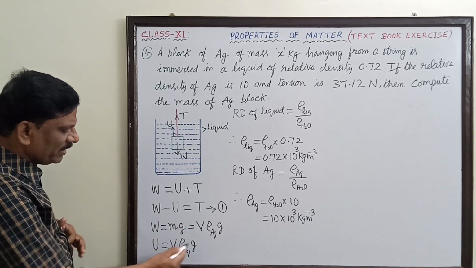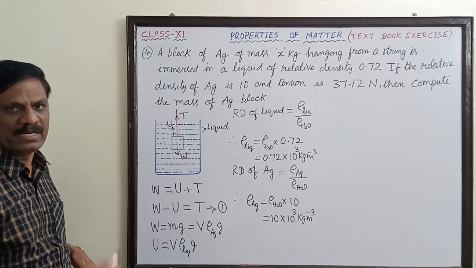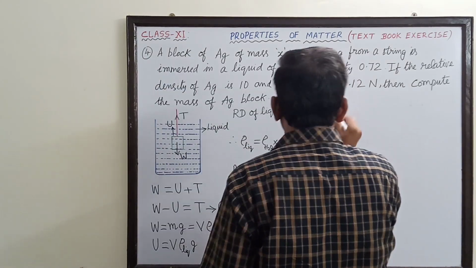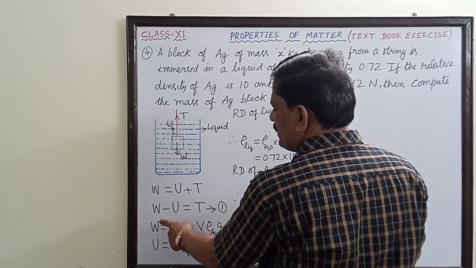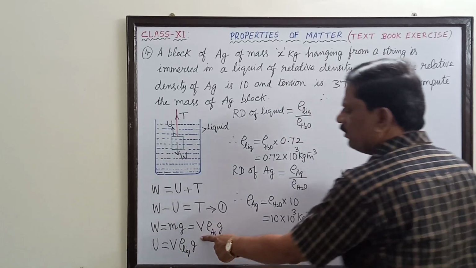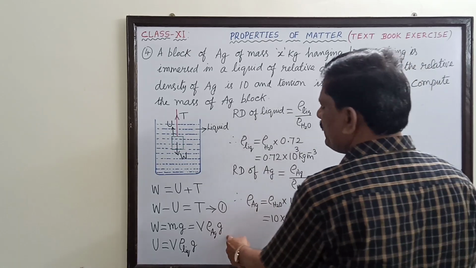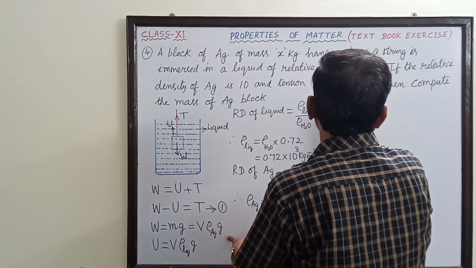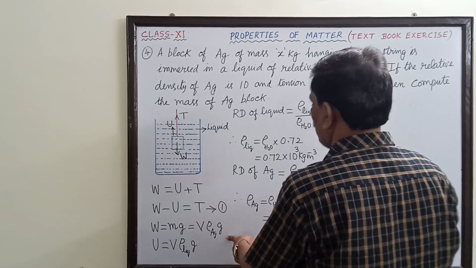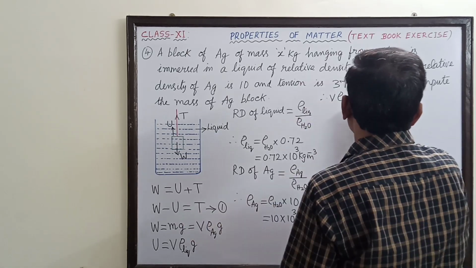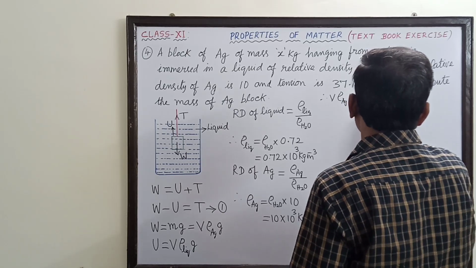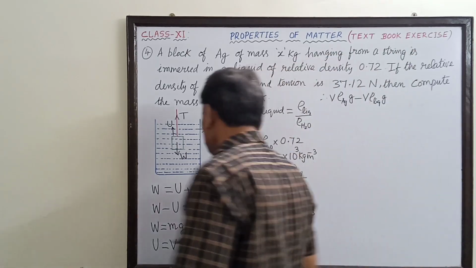So I am going to substitute these two in equation 1. So I am going to rewrite equation 1. Therefore, on the left hand side W is there. W minus U is equal to T. So instead of W, V into rho silver into g, minus upthrust, which is V into rho liquid into g.